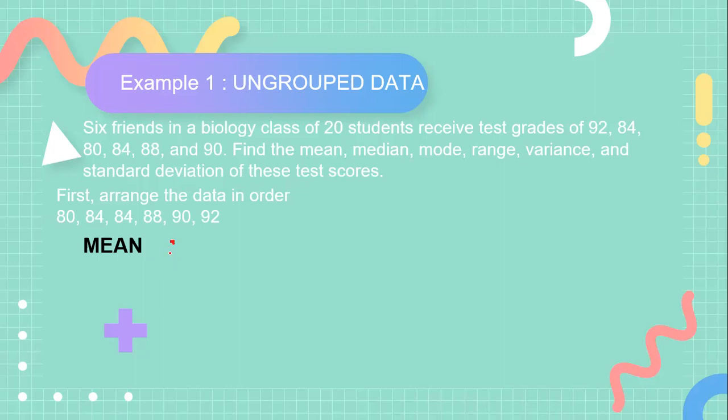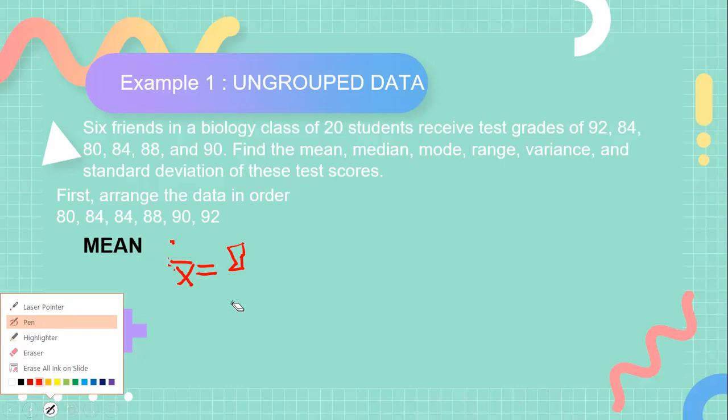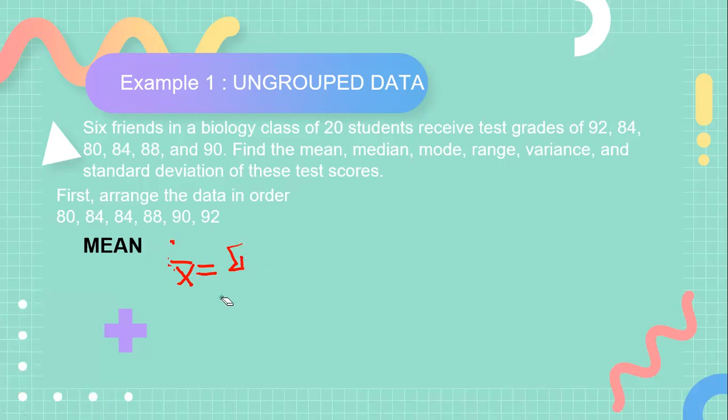The x bar is equal to summation x, divided by, what is it, class? Over n.